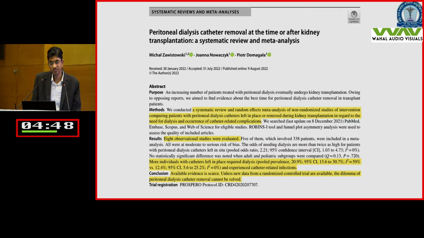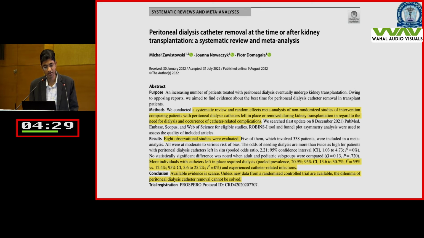This was a meta-analysis done by Zabrovsky et al., where they included only 8 observational studies. This was not a collection of randomized trials. It was a collection of observational studies, so the level of evidence was pretty low, but they still studied it.